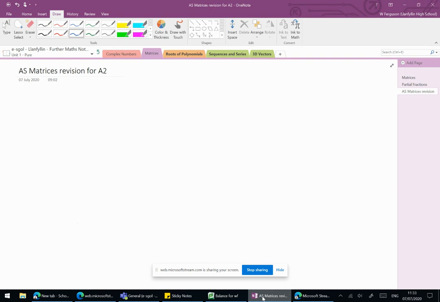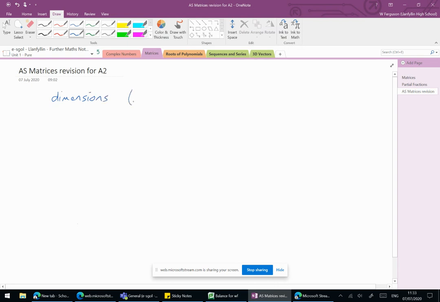The first thing we need to know is just to be able to refer to the size of a matrix, or more commonly referred to as the dimensions. So we talk about the dimensions of a matrix in terms of the number of rows and columns that it has, and we do it in that order as well.